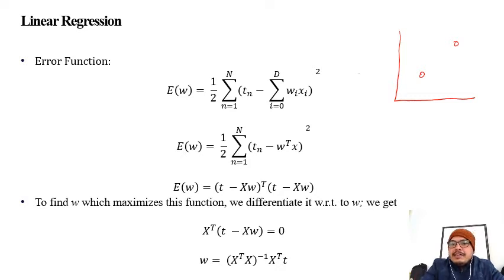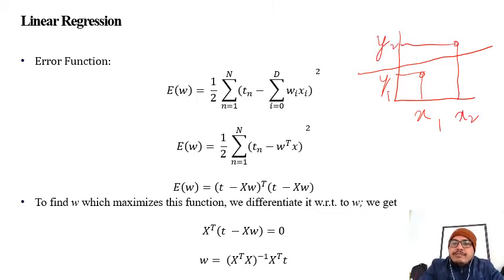I start with some random line, which could be this. Then I see what is the error of that. What does the error mean? For this given x, what is my y? For x1, this is my y1, and for x2, this is my y2. The moment I say I start with a random line, it means I started with some random parameters.